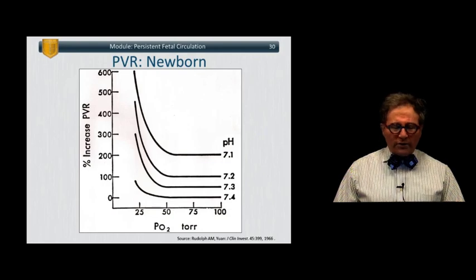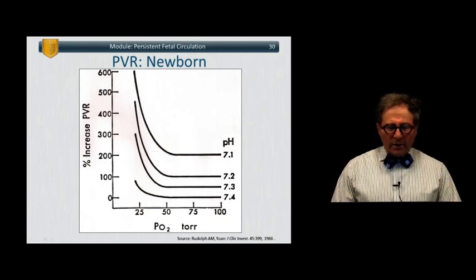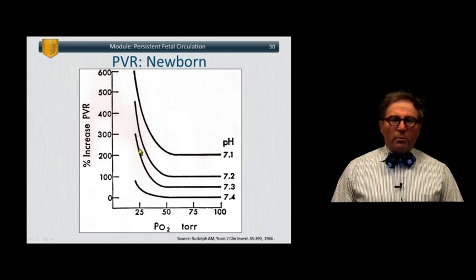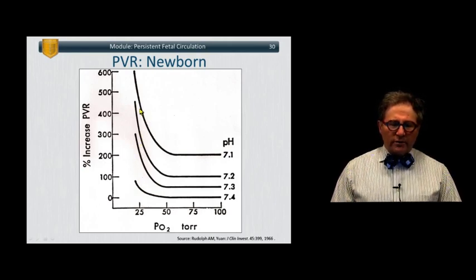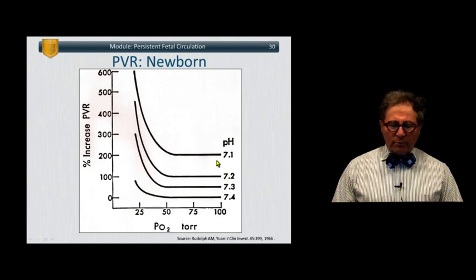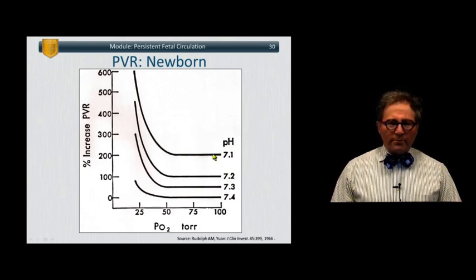And under what situations? Well, we see here on the x-axis, hypoxia causing an enormous exponential increase in pulmonary vascular resistance. Secondly, acidosis. As the pH decreases from 7.4 to 7.1, there is a 250 to 300% increase in pulmonary vascular resistance.